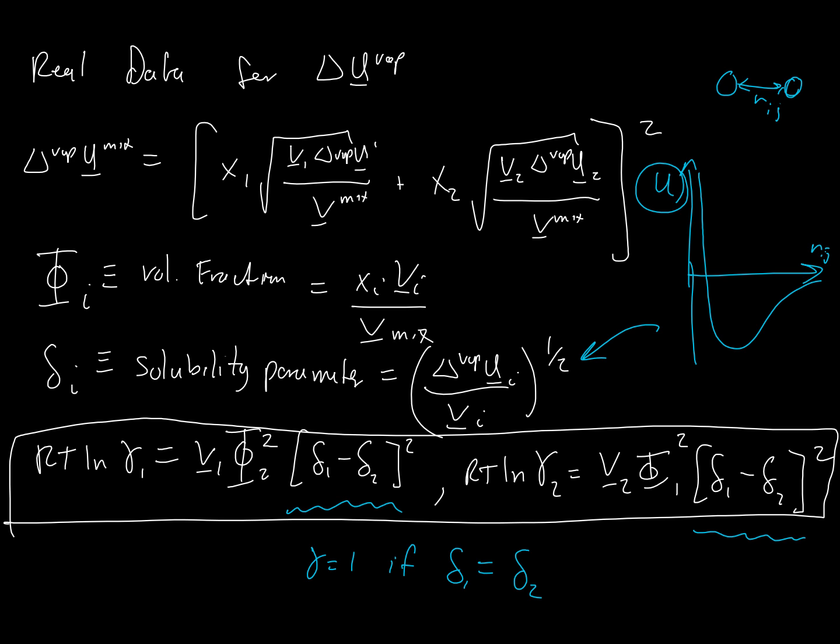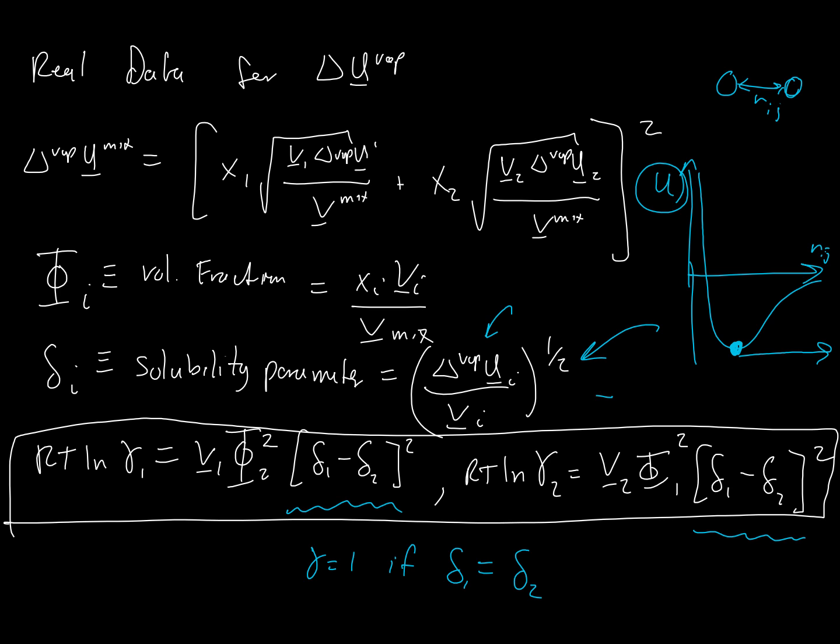What this is basically saying is that the solubility parameter is the delta U of vaporization. So if we take a compound that's sitting right here in its nice, happy potential energy minimum well, and we pull it apart to an infinite separation distance, that's effectively what we're saying is this step of delta U of vaporization to the ideal gas state.